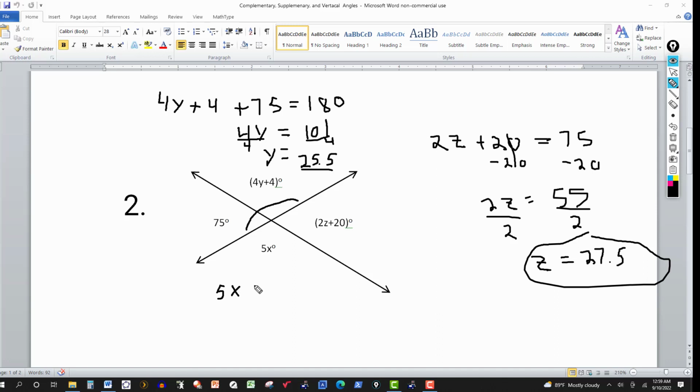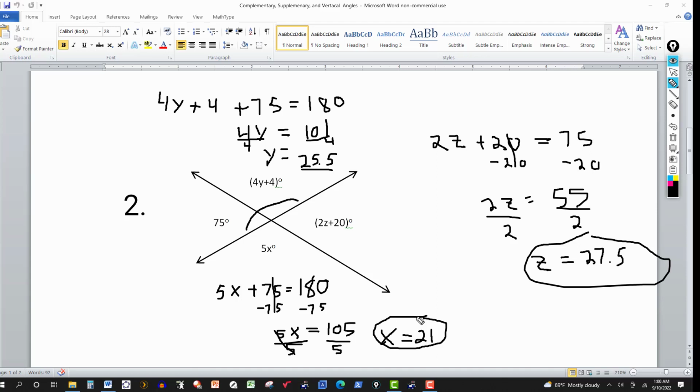So I could say 5x plus 75 should equal to 180. So subtract 75 from both sides here to solve for x. This would cancel. 5x would equal to 105. Divide both sides by 5. Just divide out. 105 divided by 5 is 21.